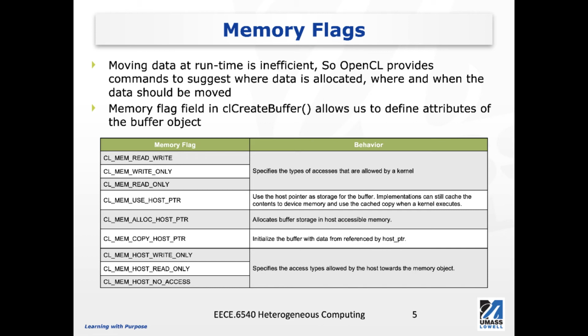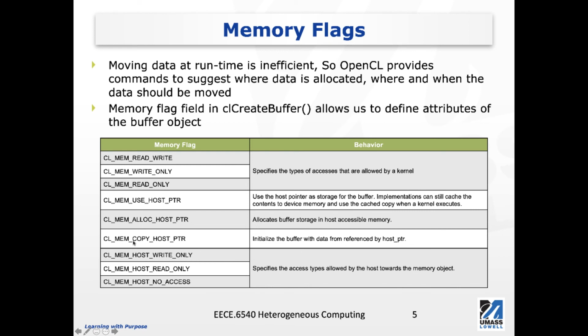If the OpenCL runtime allocates the buffer in the host memory, it is certainly going to be accessible to the host. If the OpenCL runtime determines to allocate the buffer on the device side, then that part of the device memory has to be accessible to the host. So that's what allocate host pointer is about.